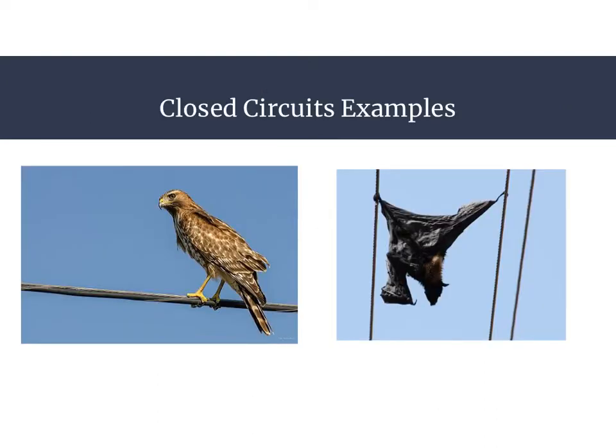And so this is a good example. A bird can sit on a power line for as long as it wants. No current's going to flow through the bird. But growing up in Queensland, Australia, we always saw these bats getting burnt by these power lines, because their wings were long enough to touch two power lines.